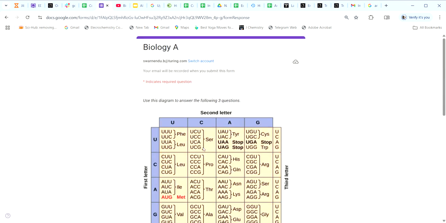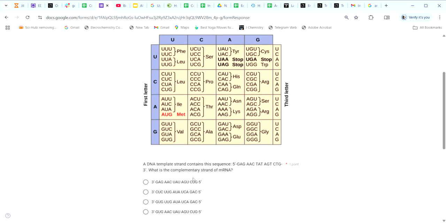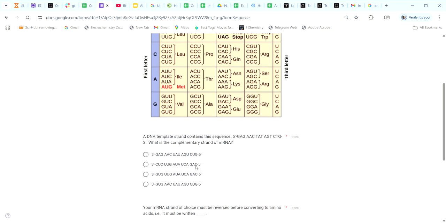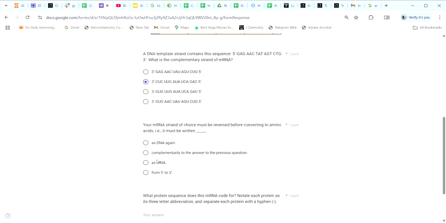Okay, so this is actually the codon part. The DNA template that contains 5 prime, I think 3 prime to 5 prime. The mRNA strand choice must be reversed compared to the answer, DNA and mRNA 5 prime to 3 prime.